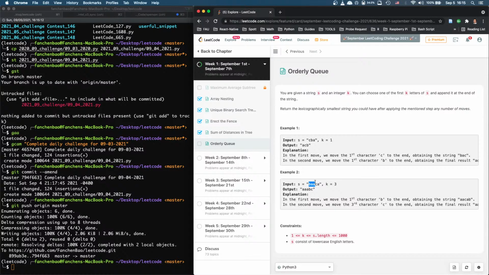Now after we finish stacking the smallest to the front with however many moves we have, the remaining, you're saying the remaining cannot be changed? Like it's not possible to change the remaining order? If that is the case, then this problem is deterministic, right? We can just go straightforward to solve it.